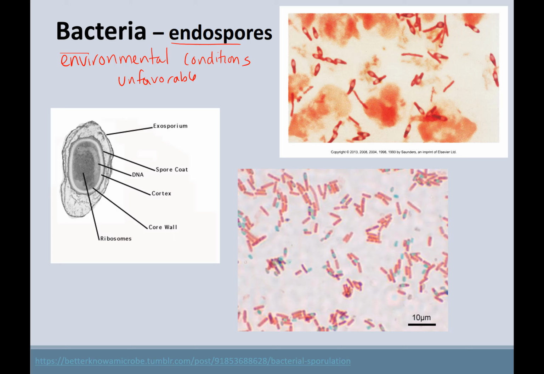And so the bacteria decides, I'm not going to survive very well. I need to make this little endospore and basically save my genetic information. And there's a nice coating around here that protects it from drying out. It's kind of like a hibernation. It's a dormant state that these endospores can last for years.